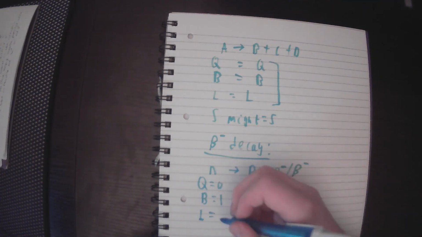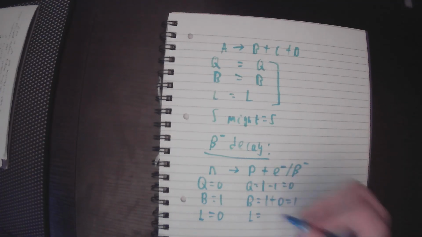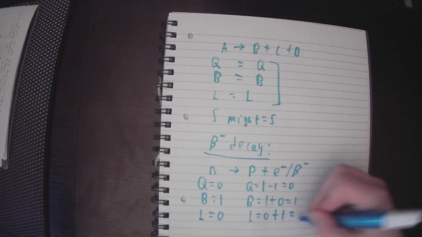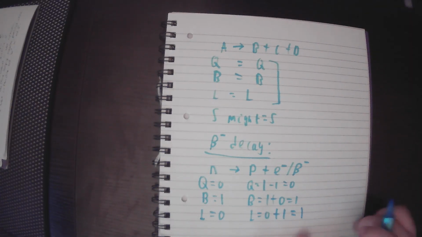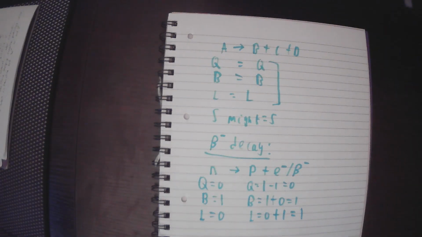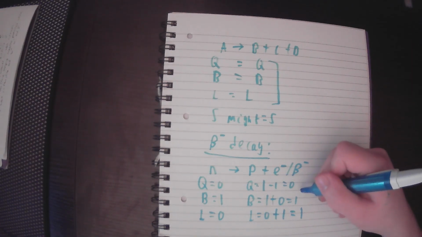Our lepton number on this side is 0, and our lepton number on this side is 0 plus 1 equals 1. Wait a minute. 0 doesn't equal 1. So this interaction here doesn't exist. So how are we going to balance it out? Because we want these two numbers to stay the same. These are already fine.